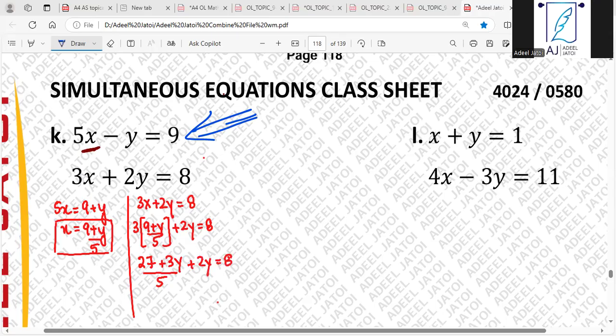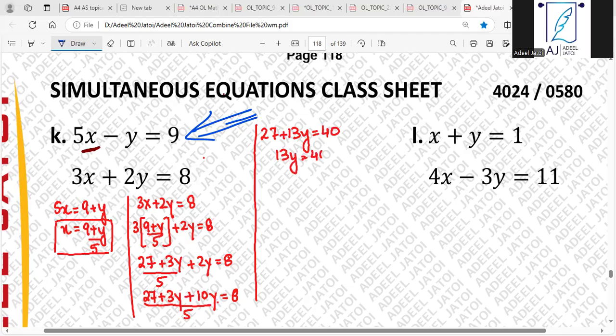So the 5 that is there needs to be multiplied by 8, so we need to take the LCM. 27 plus 3y plus 5 times 2y will become 10y. And this 5 will go on the other side, getting multiplied. So this is 27 plus 13y equal to what? 40. 13y is equal to 40 minus 27. 13y is equal to what? 13. y becomes what? 1.